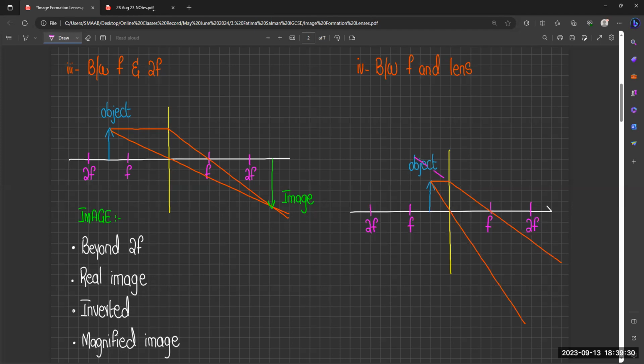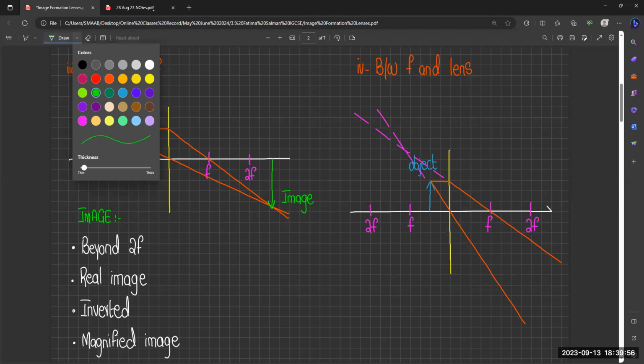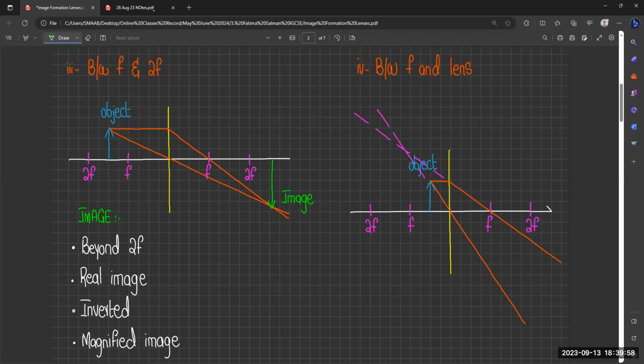Yes, because a virtual image cannot be obtained on the screen, it can only be seen through the lens. So we have to extend these lines in the backward direction to get the virtual image. You can see it will intersect in the backward direction. So you will get your image over here.